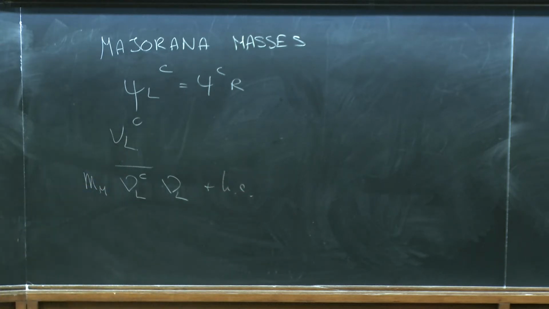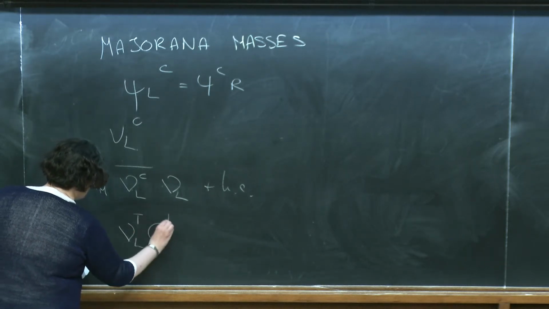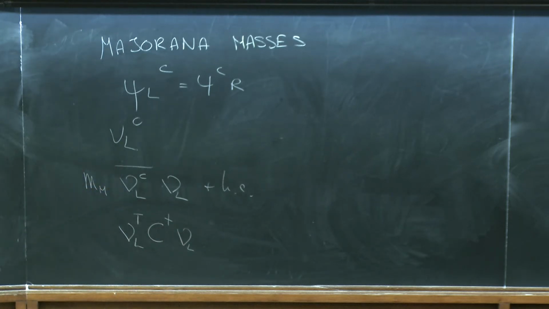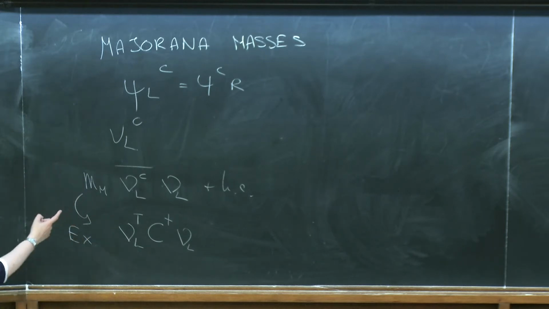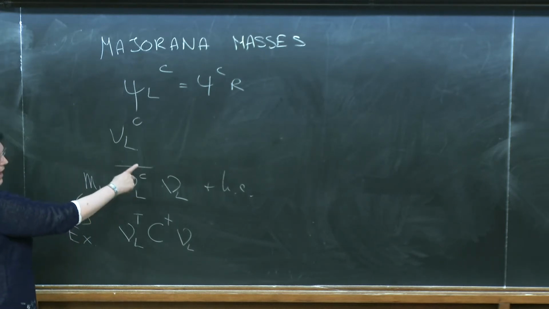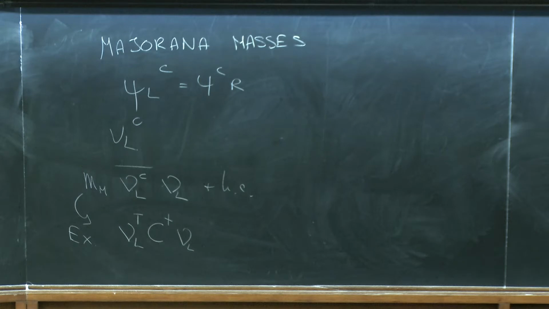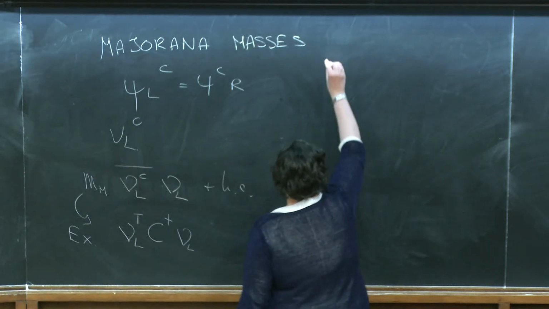This is of Majorana type. There is a more convenient way to write it, which is new left T, C dagger, new left. I leave this to you as an exercise. It is trivial to do. You just have to take the dagger gamma 0 of new left C that I defined earlier in the lecture.